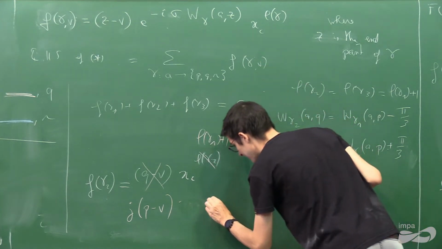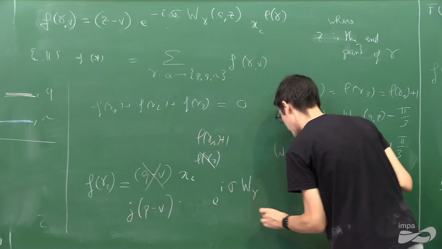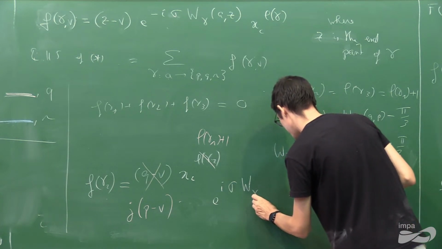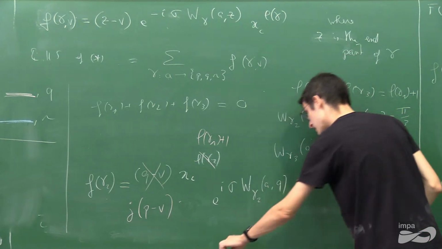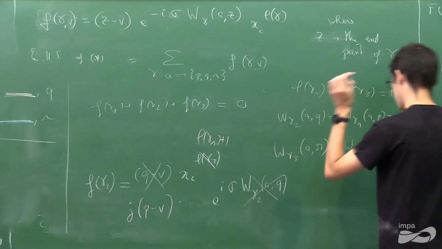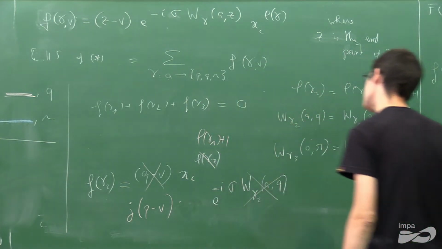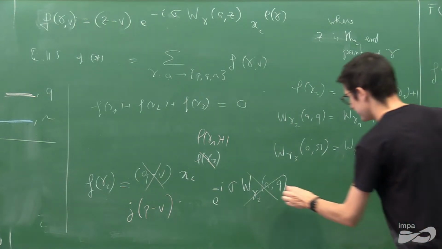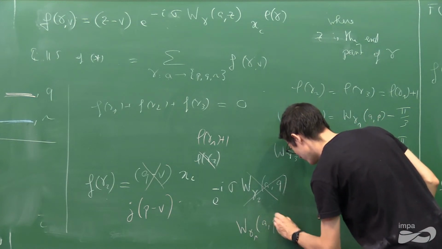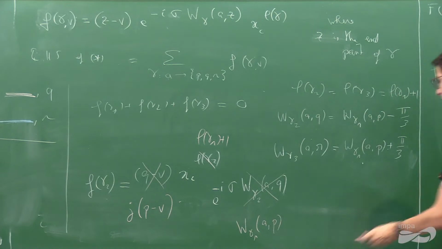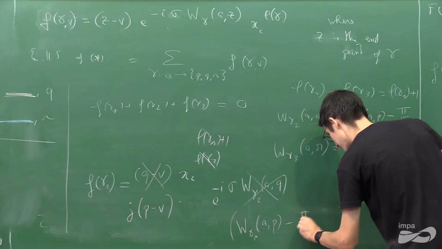And then I have exponential i sigma times the winding of gamma 2 from A to Q. There is a minus here, and this is just the winding of gamma 1 from A to P minus pi over 3.